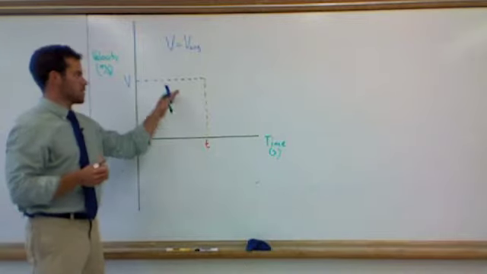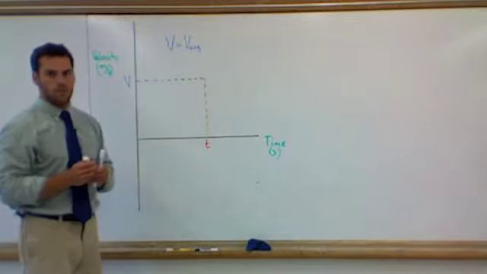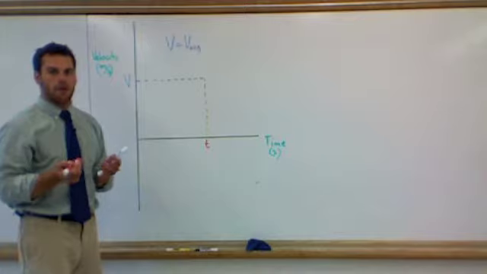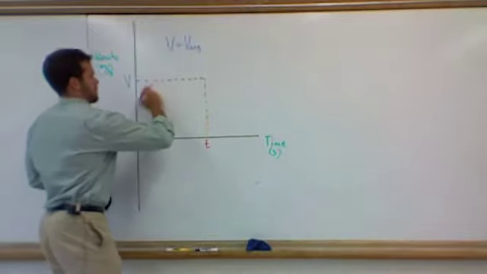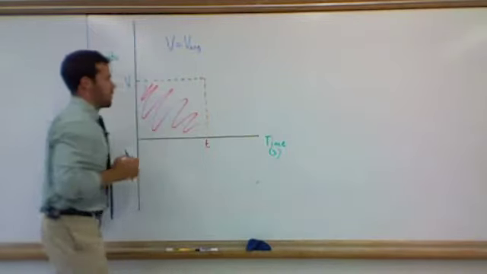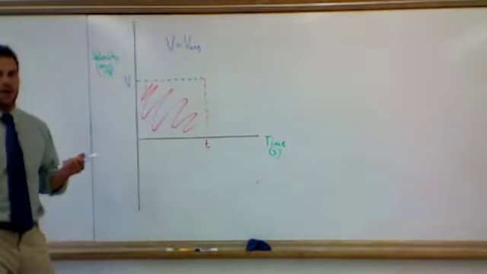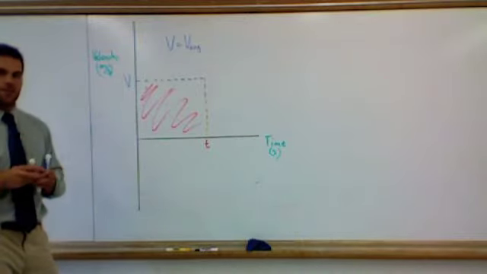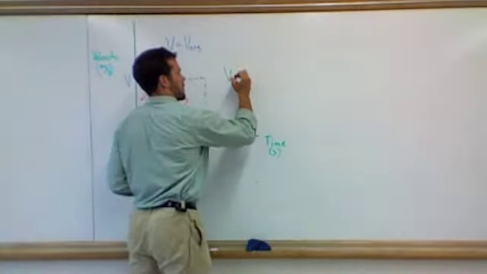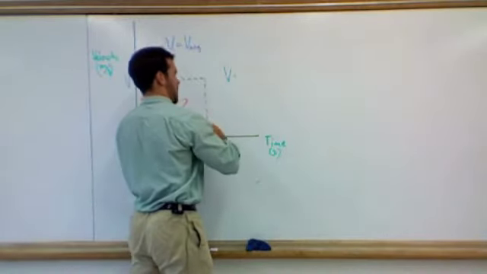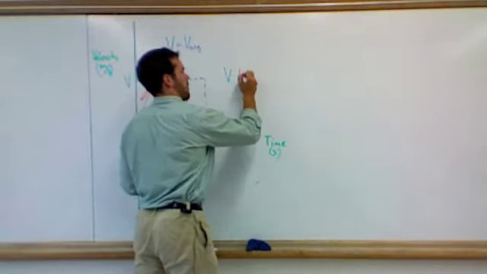Now, as we look at this graph, we have some area right here. What does this area really mean? When we look at it, finding the area of this box right here is very simple. It's a rectangle, v multiplied by t.